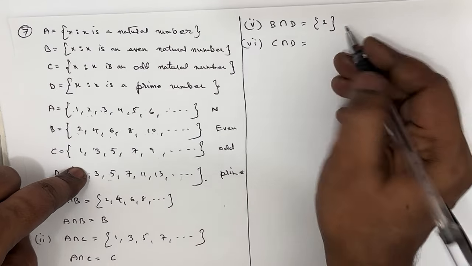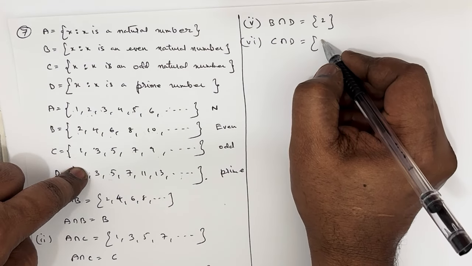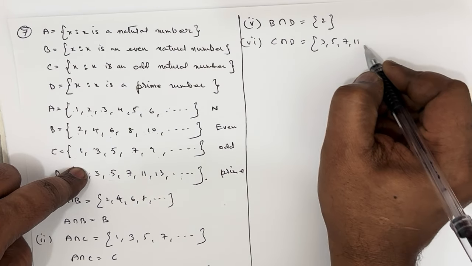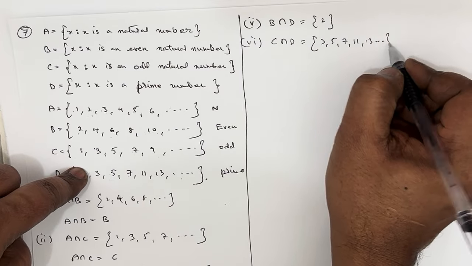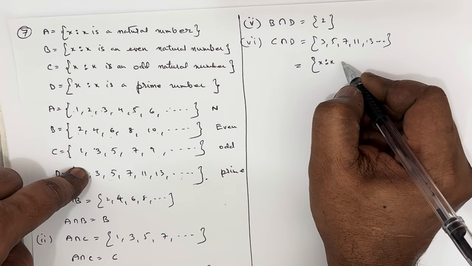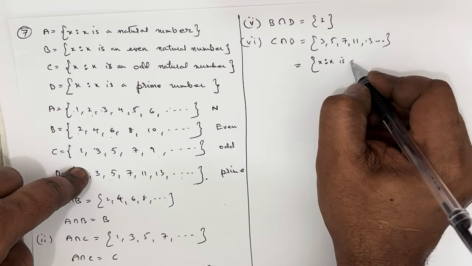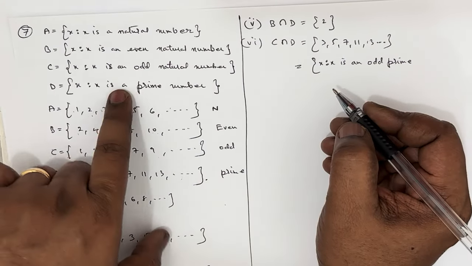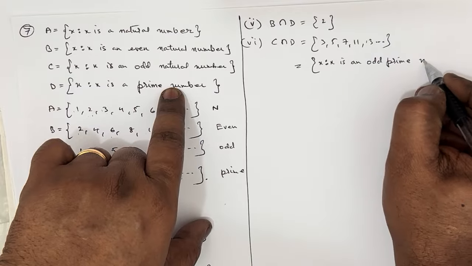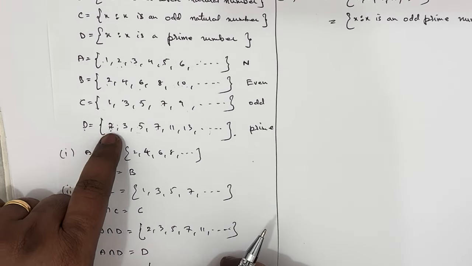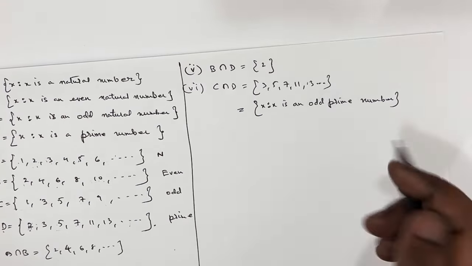So we can write this as 3, 5, 7, 11, 13 and so on. This can be written as the set of x such that x is an odd prime number. Not all prime numbers, it's an odd prime number, because 2 is even. From 3 it starts, so x such that x is an odd prime number. That's it.